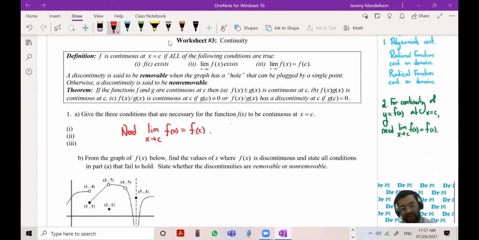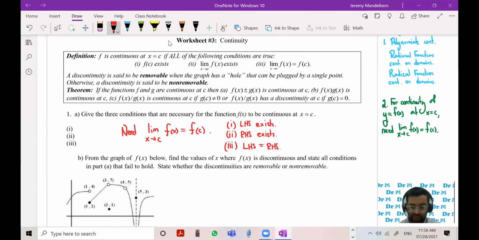In particular, one is that the left-hand side of this statement exists, meaning it's a real number. Two, the right-hand side of this statement exists, it is a real number. And three, the two quantities, left and right-hand side, are equal. Provided these conditions hold, we have continuity at x equals c for this function f.